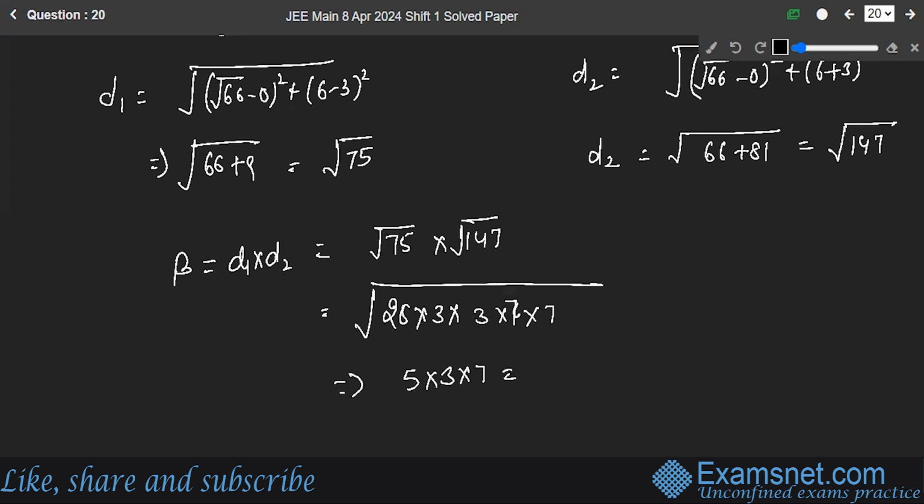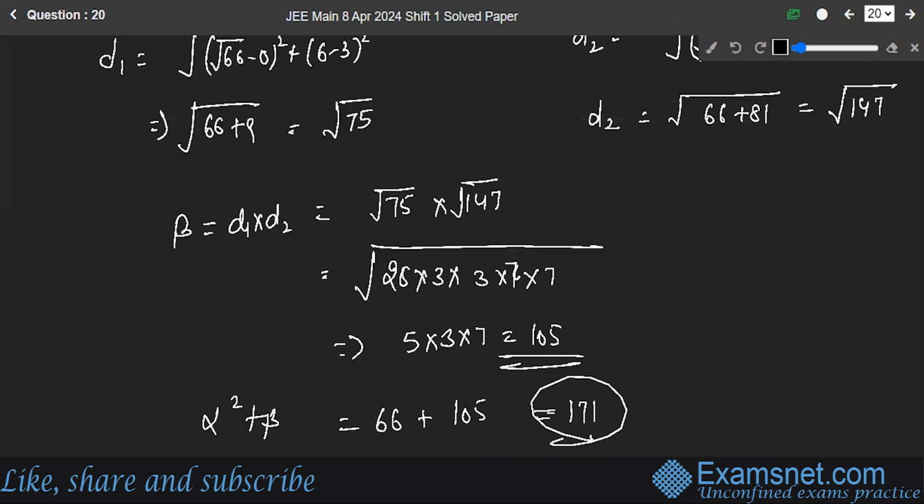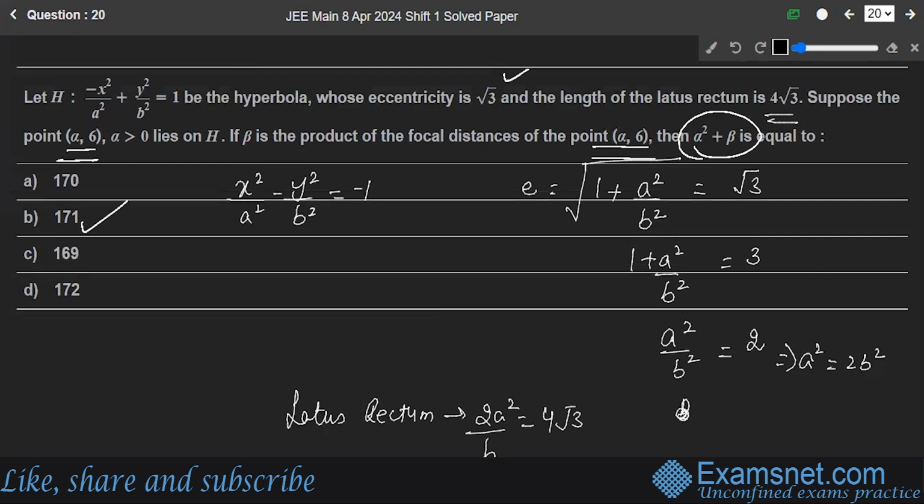This will give you 105. This is your beta. You have to find out alpha squared plus beta. Alpha square was this and this is this. So the answer will be equal to 171. This is the answer to the question, option B. Hope you got that. Let's move to the next question.